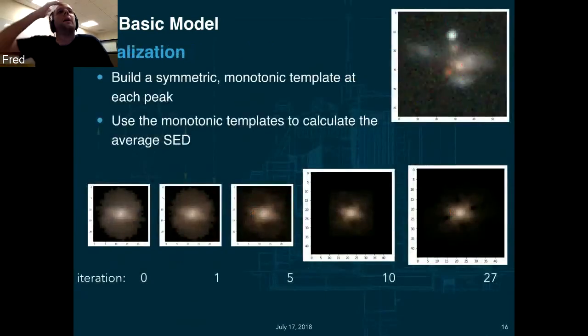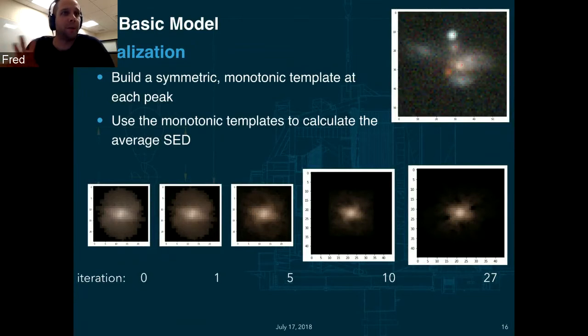Okay, so how do we initialize it? We take a very similar approach to the Sloan DeBlender in that we initialize with the symmetric and monotonic template at each peak. We look at each point source, and we say that a symmetric monotonic template is a good place to initially approximate it.